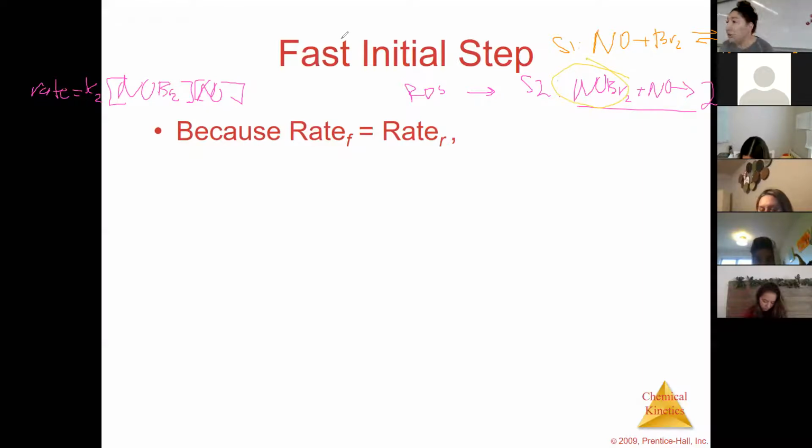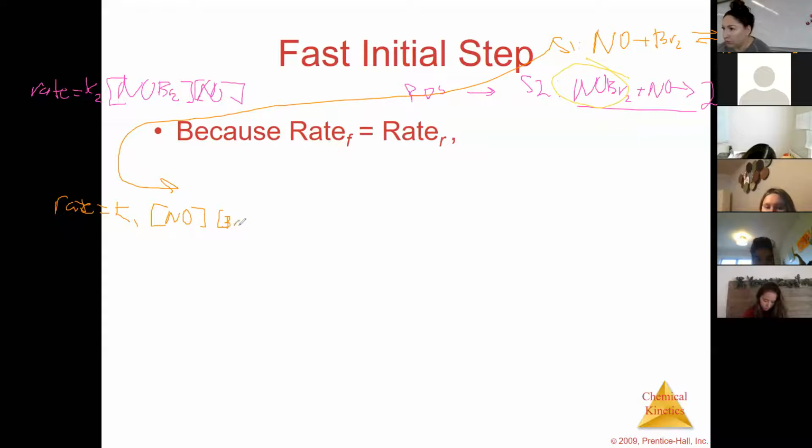Okay, but what we know, let me get a different color, is the rate of the forward is equal to the rate of the reverse. So the rate of the forward of this reaction would be rate equals k1 [NO][Br2]. That's just the reactants of step one, nothing crazy. If we made the reaction go in reverse, the reactants would now be the products.